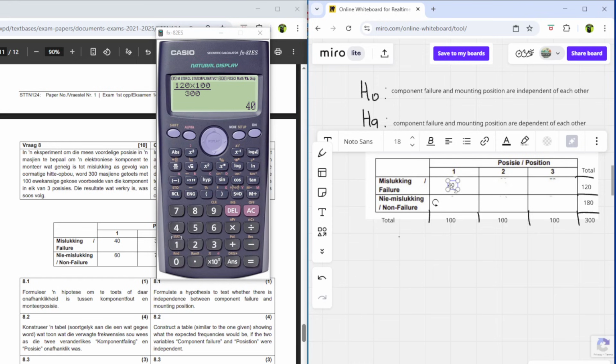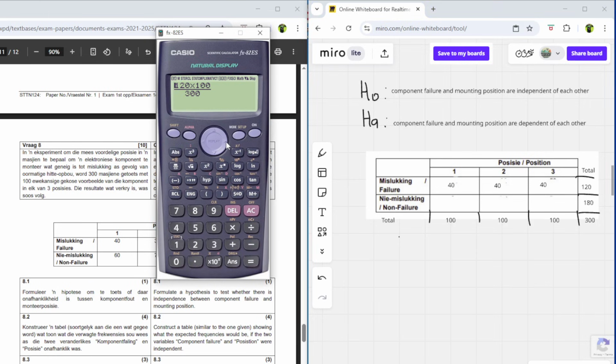I can just Control C, Control V. Because 120 times 100 divided by 300 is this number, and this one, and this one. So it's the same number because we're using the same numbers.